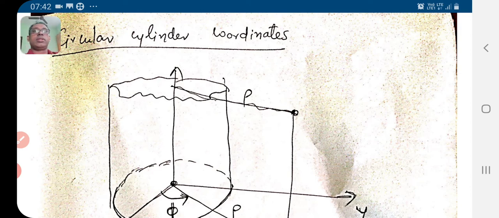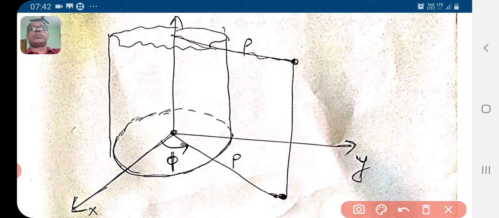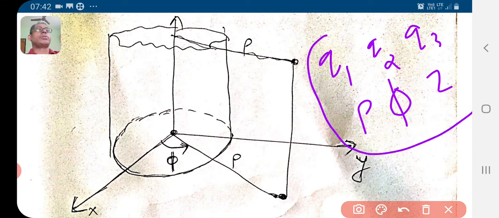Circular cylinder coordinates. So here we have three variables, instead of q1, q2, q3, we are using rho, phi and z.